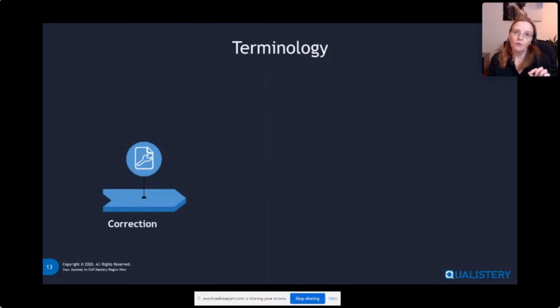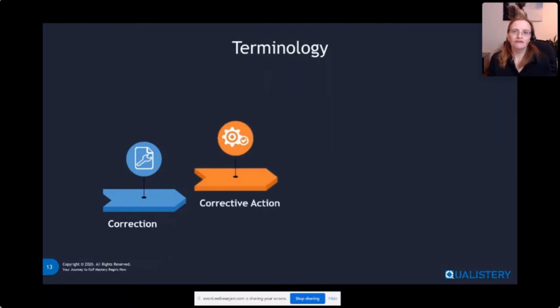So when you are writing things down, try and make sure that you are clear whether something is a correction or a corrective action. And we'll talk about the actual definition in a little more detail later. Then we have corrective action, which is an action required to prevent something that has already gone wrong from happening again.